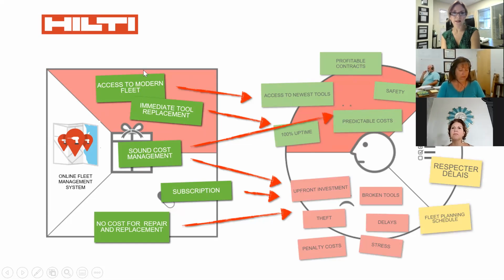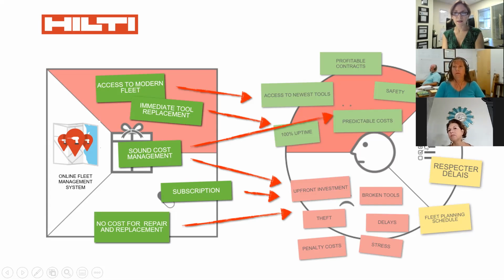So then this company decided to say, okay, you're gonna have access to a modern fleet. You are gonna have an immediate tool replacement when you need it. And guess what? It's gonna be sunk cost management. See, that's a predictable cost. That's how they came out with this small subscription-based company.